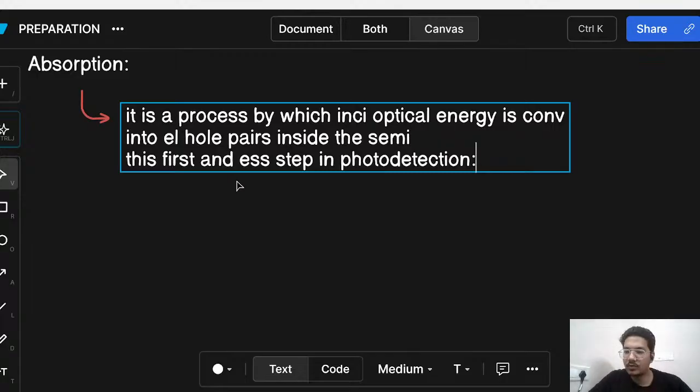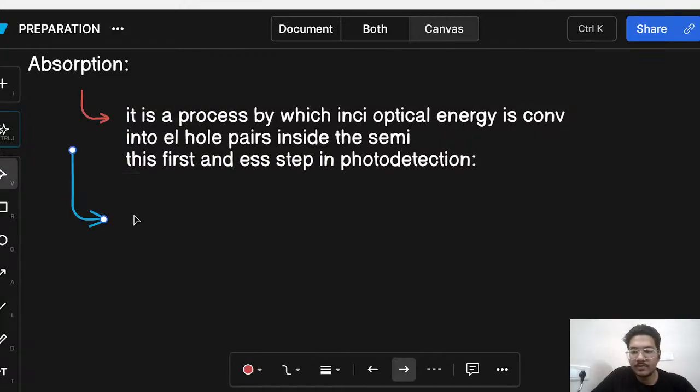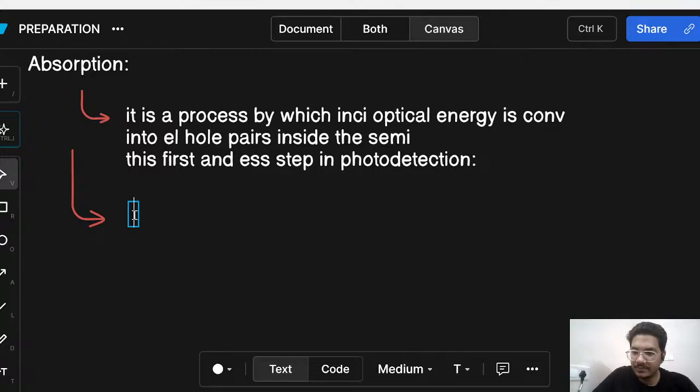The second question is, what is the absorption in the photodiode?